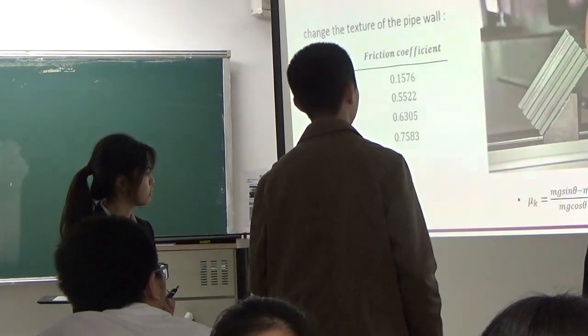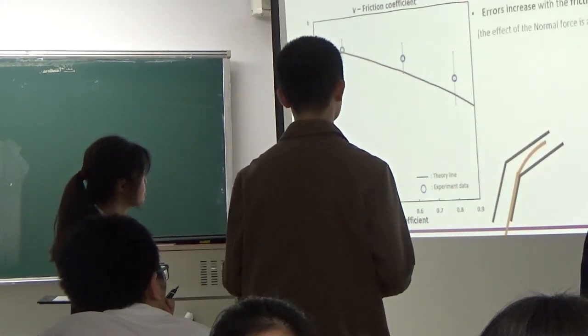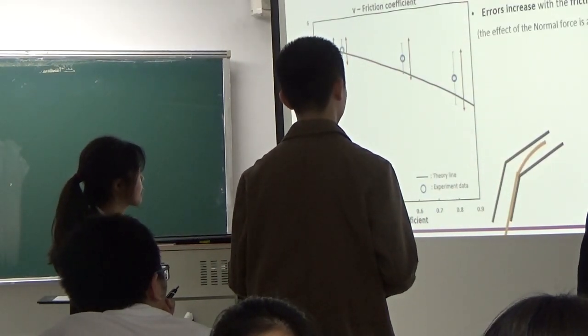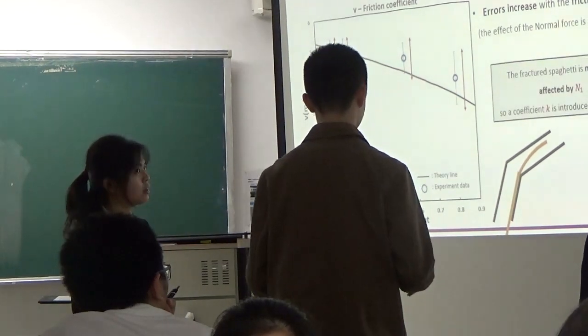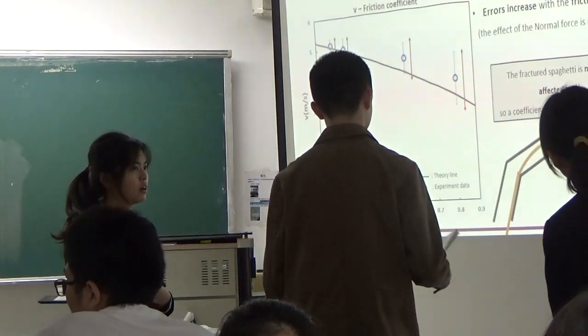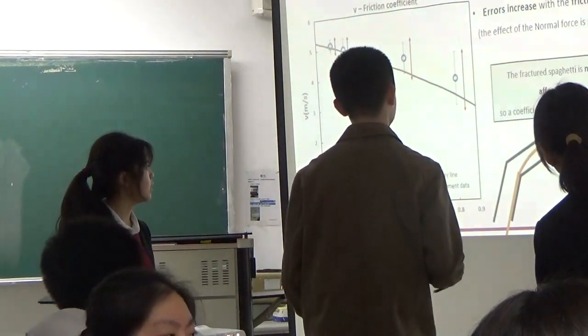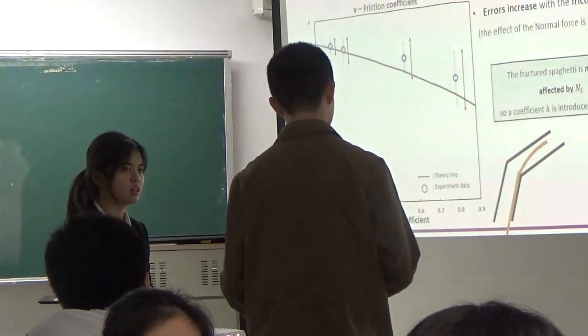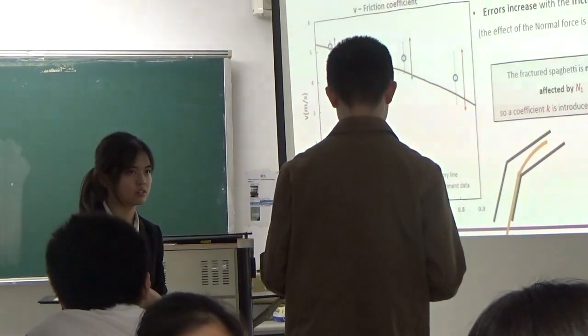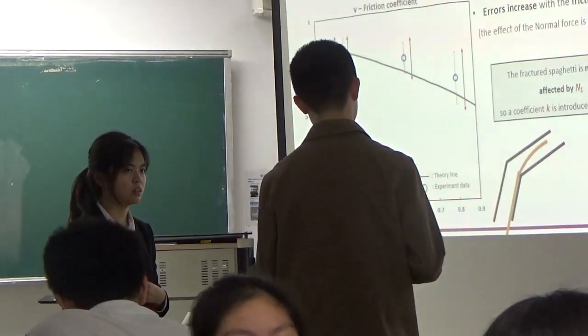For page 21. You change the coefficient of friction by changing the radius of spaghetti, right? For different radius of spaghetti, the coefficient of friction is different. So will the radius affect the result?